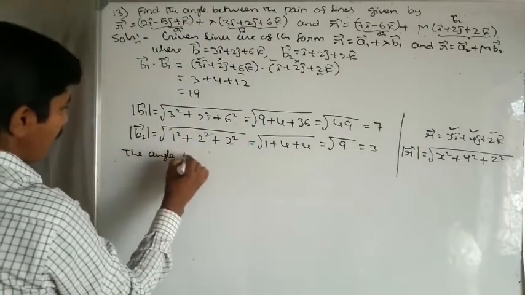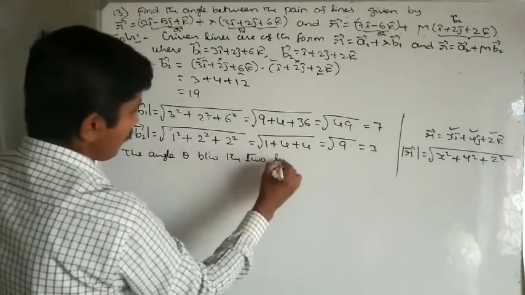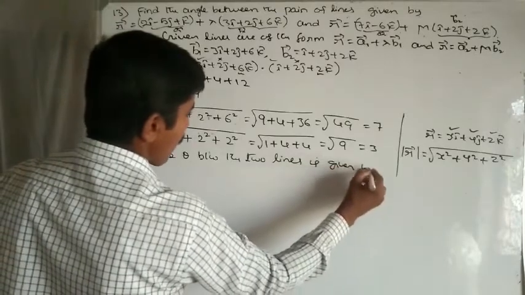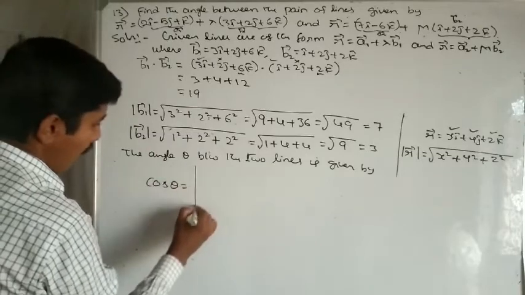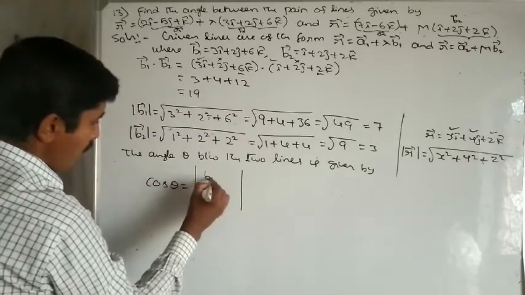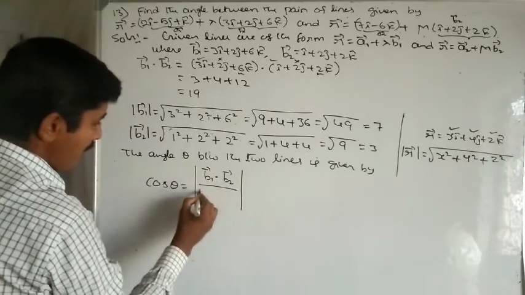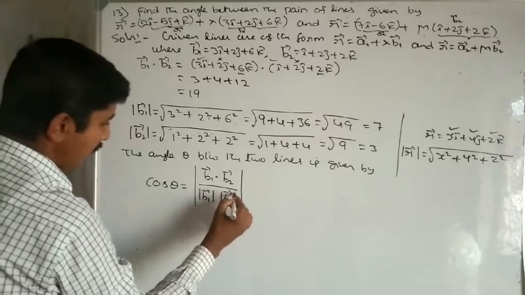The angle theta between the two lines is given by cos theta is equal to the modulus of vector b1 dot vector b2 divided by magnitude of vector b1 into magnitude of vector b2.